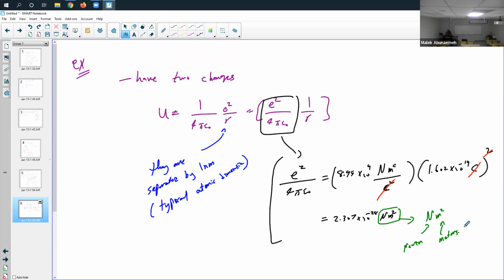When you have a newton times a meter, the newton is your unit for force and the meter is your unit of distance, which gives your energy or your work. So your energy is your force times your distance.